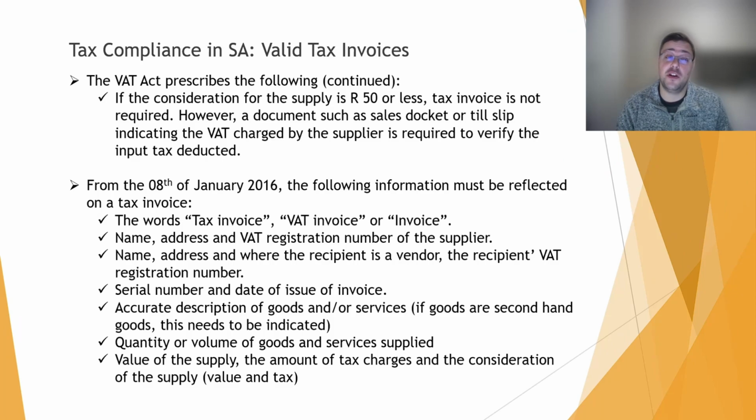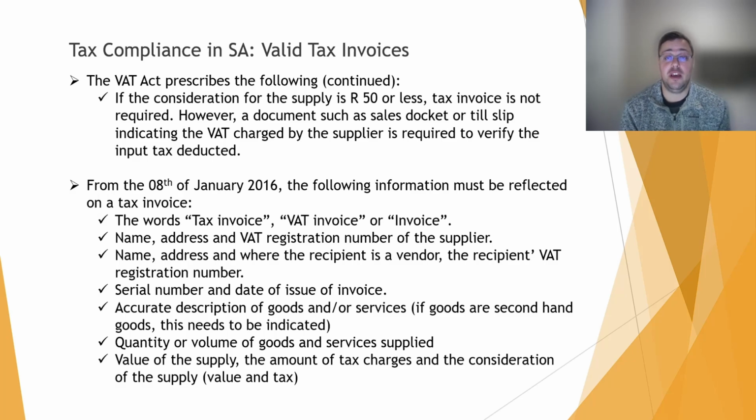The VAT Act further prescribes that if the consideration for a supply is 50 Rand or less, a tax invoice is not required. However, a document such as a sale docket or a till slip indicating the VAT charged by the supplier is required to verify the input tax deducted.